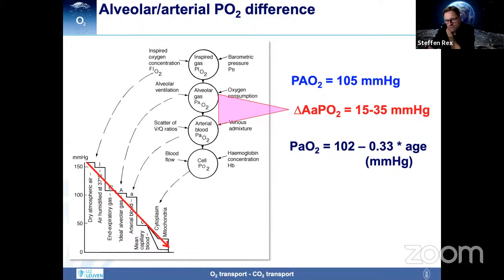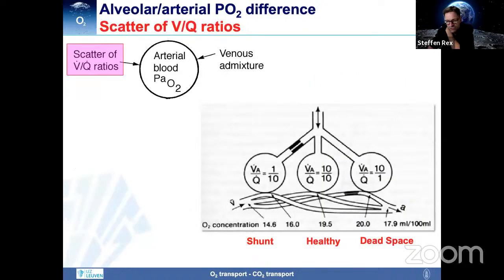So in young people, you will have a PaO2 of around 90 to 100, and in older patients it is lower. How can we explain this difference? How can we explain that although diffusion is optimal, there is a difference between the oxygen content in the arterial blood and in the alveoli?